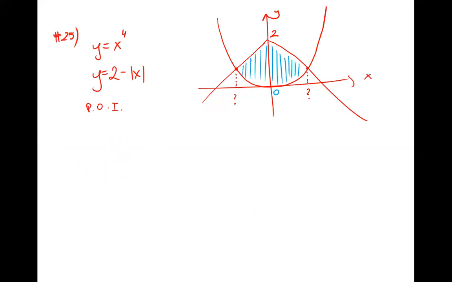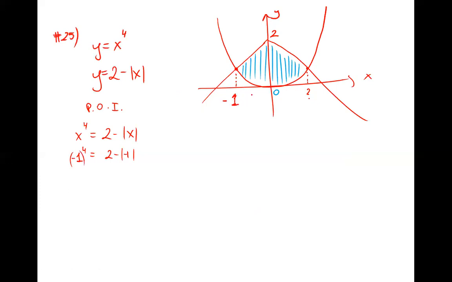We can still try to figure it out by inspection. If I put 1, I get 1 to the power of 4, which is 1, and 1 minus 1, this is 1 and this is 1. That means it makes sense, the left and the right hand side. And if I put negative 1, it's the same situation.